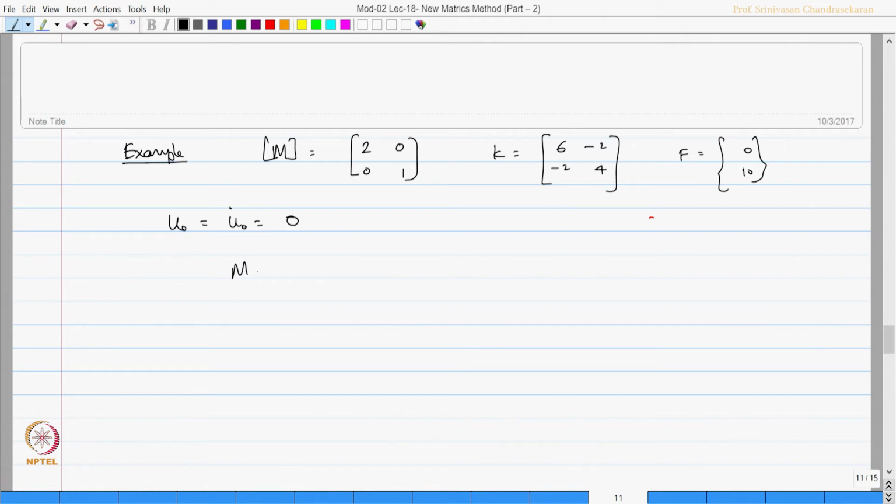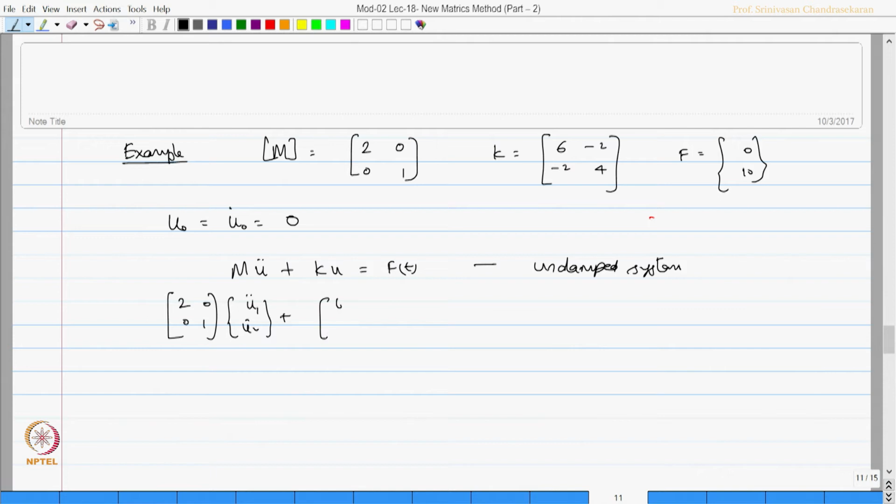So, you know m u double dot plus k u is f of t, where I am taking undamped system. So, one can say 2 0 0 1 of u 1 double dot and u 2 double dot plus 6 minus 2 4 of u 1 u 2 is 0 and 10.